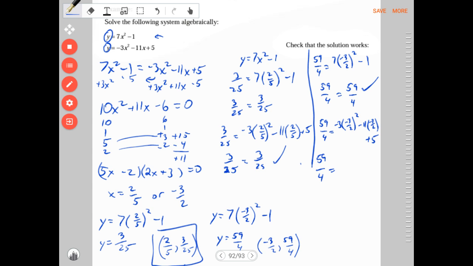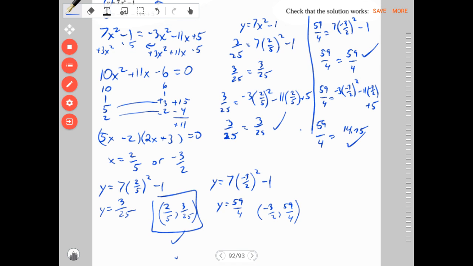Negative 3 times negative 3 over 2 squared minus 11 times negative 3 over 2 plus 5. And that really does equal 14.75, which is what we said it was, so that is verified. Both answers work, so happy.